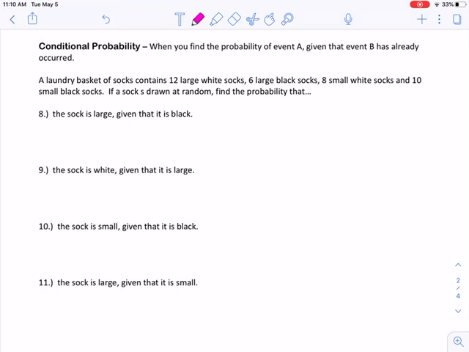So to do this, let's look at a laundry basket of socks. A laundry basket of socks contains 12 large white socks, 6 large black socks, 8 small white socks, and 10 small black socks. If a sock is drawn at random, what's the probability that the sock is large given that it is a black sock?